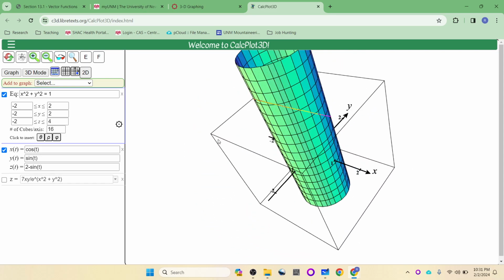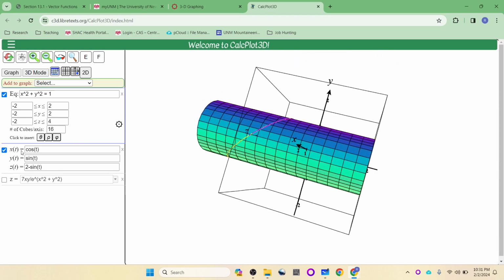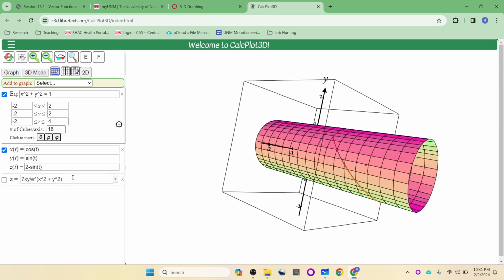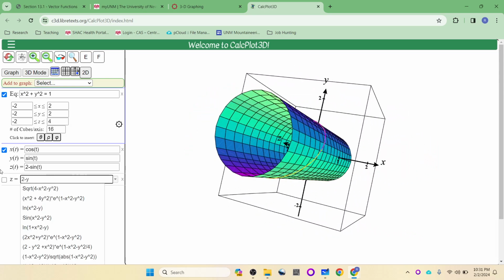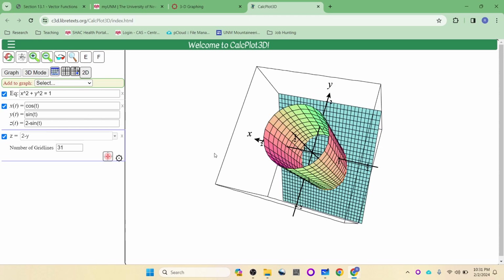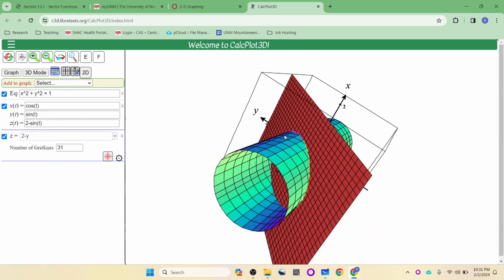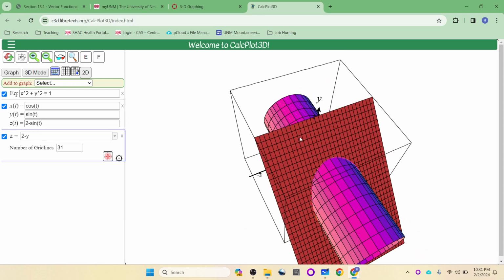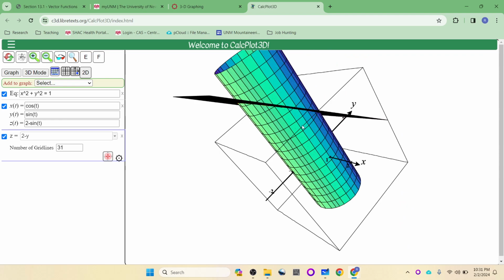I don't want to call it a circle. I think it's more like an ellipse in space. And if we also have z equals 2 minus y, turn that on, and we can see the way the plane cuts through it, it creates that sideways circle, or whatever the shape is.